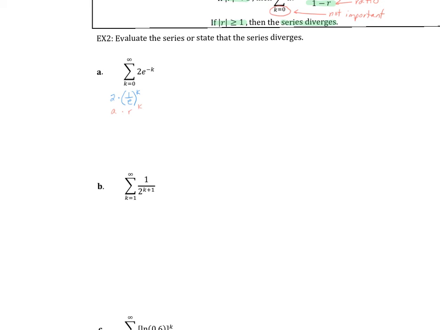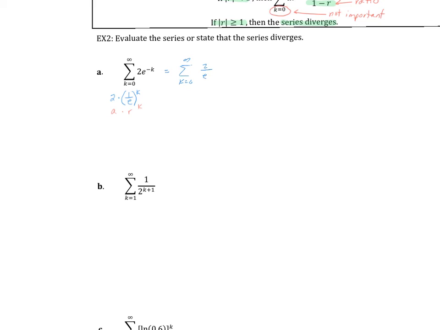Well, sometimes we don't want to do that. Sometimes it's easier to expand your series out. The first term is your a, and then look at what you multiply each term by to figure out what your r is. I'm going to rewrite this series as 2 over e to the k, because I don't like the negative exponent.